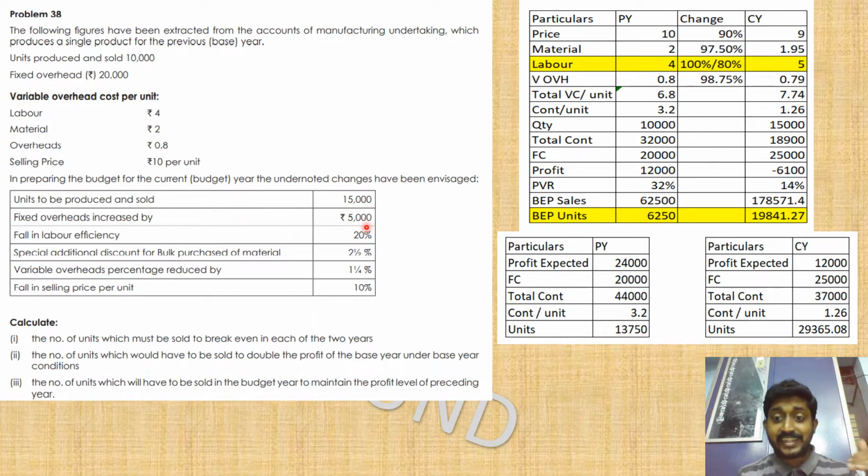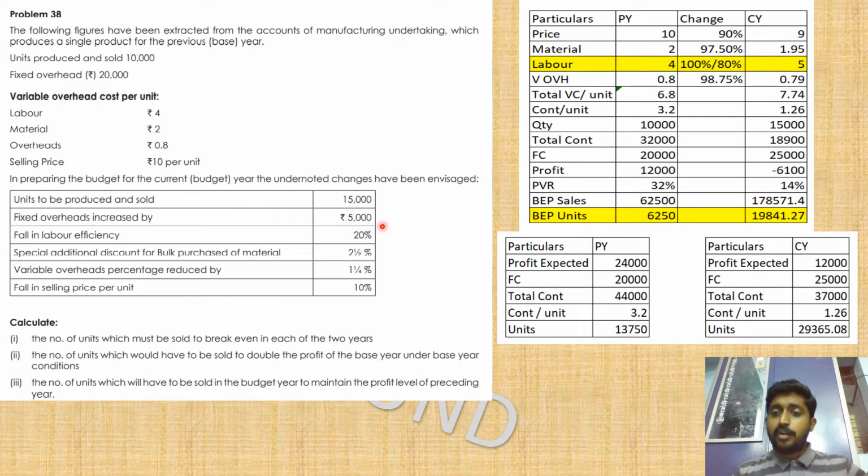Fixed overheads is increased by 5,000 rupees. Fall in labor efficiency. Guys, always carefully remember this. When labor efficiency is falling, the same labor doing the work will take more time to do the same work, which means the labor cost will go up.